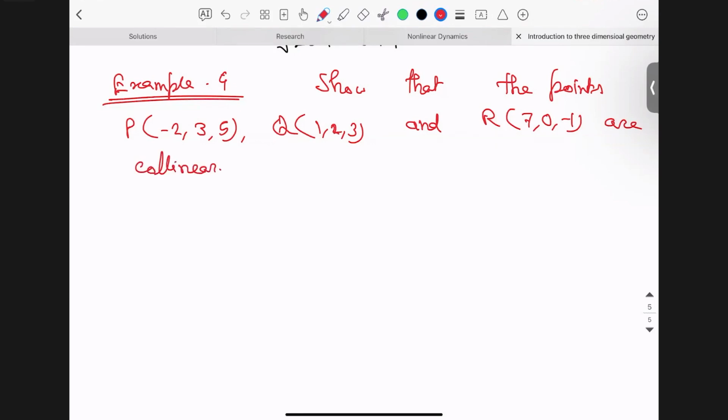These are collinear. Now, what is the meaning of collinear? Collinear means lying on the same line.